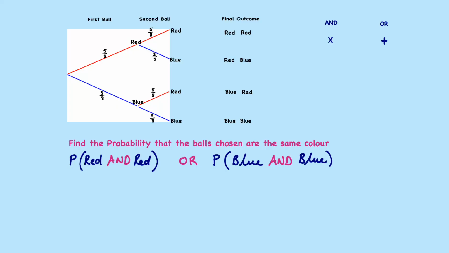So let's go through this. The probability of getting a red is 5/8, and another red is multiplied by 5/8, or, which is plus, the probability of a blue, which is 3/8, and multiply our probability of a blue, 3/8.